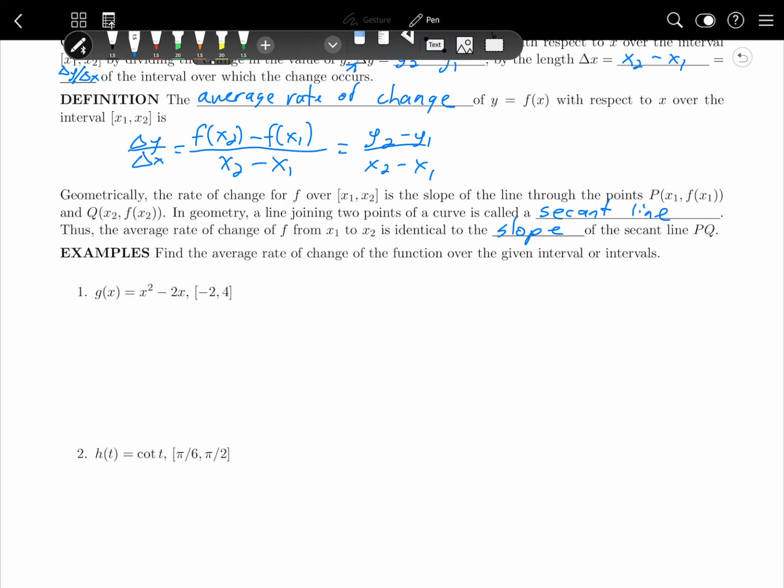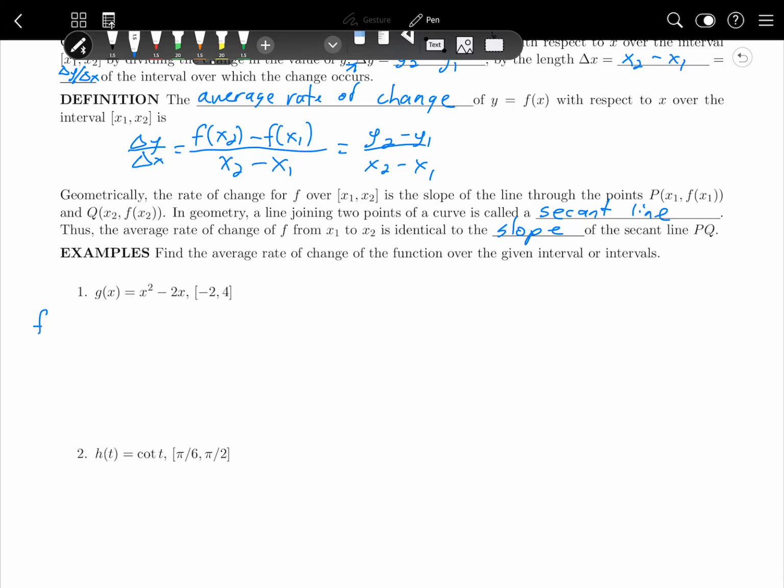So to find the average rate of change of a function over a given interval or intervals, we simply want to find these f values, find the y values that go with the interval, and then plug them into the formula.